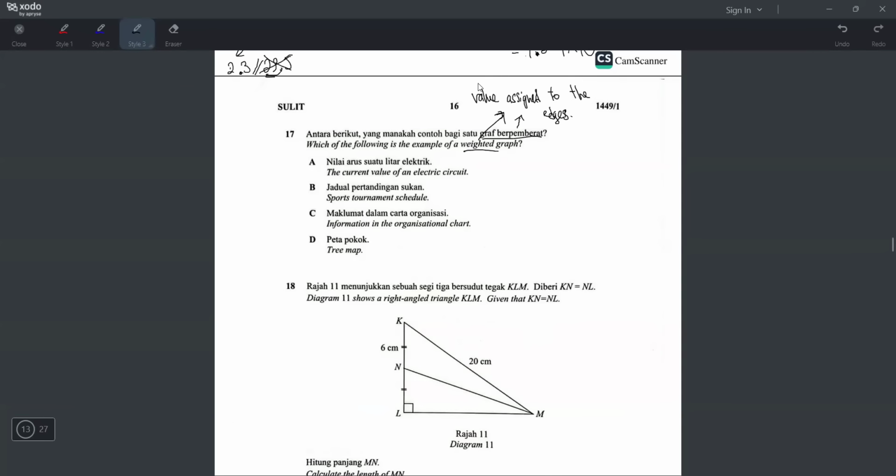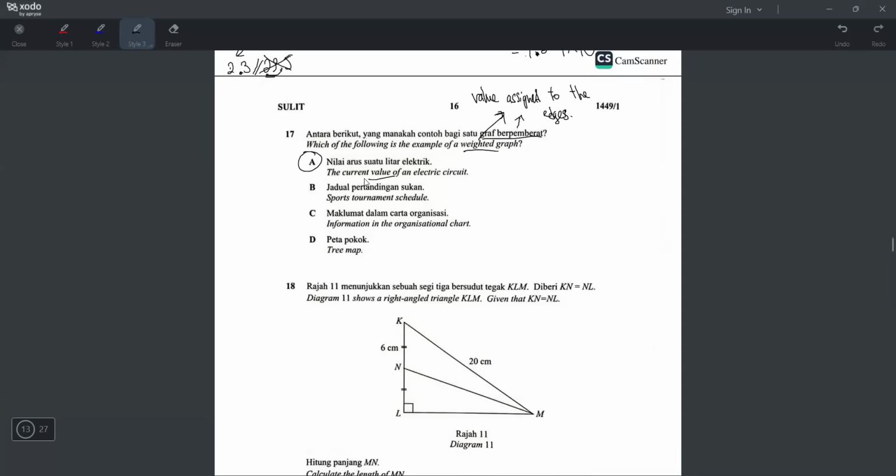Is when we assign a value to every single edge in the graph, and of course the value will represent some information. Okay, so let's see. A, the current value of an electric circuit. B, sports tournament schedule. C, information in the organizational chart. D, tree map. Okay, I think the answer is very obvious. It's A lah. They already say the word value, right?